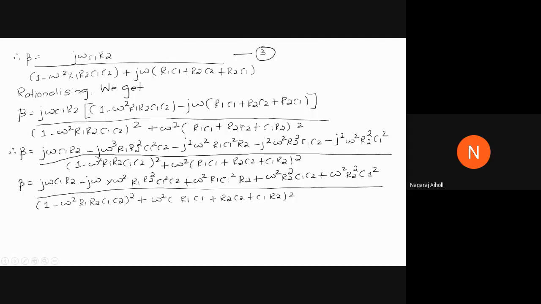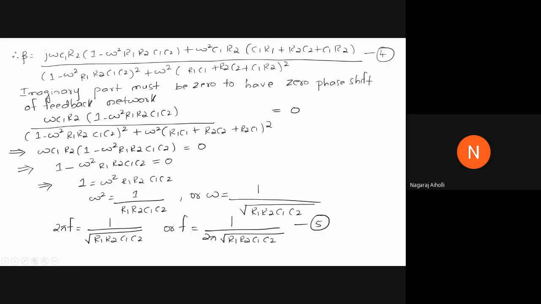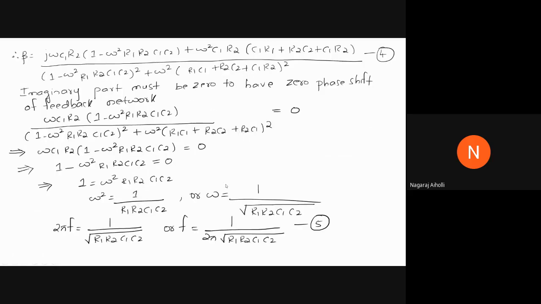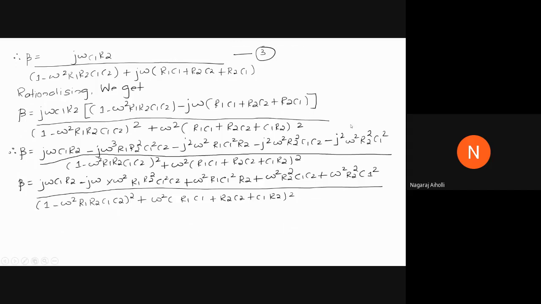Then plus omega square is taken common. Omega square c1 r2 is common throughout. If we take omega square c1 r2 common, then in the first term c1 r1 will remain. Plus omega square c1 r2 in the second term, r2 c2 will remain.